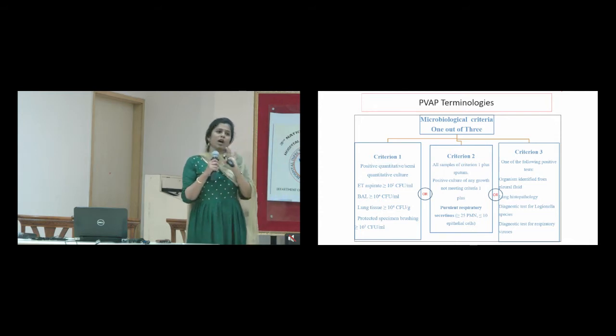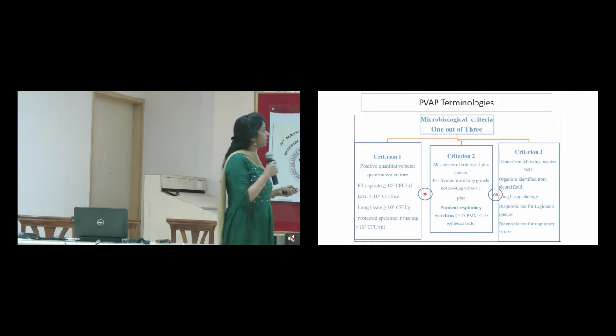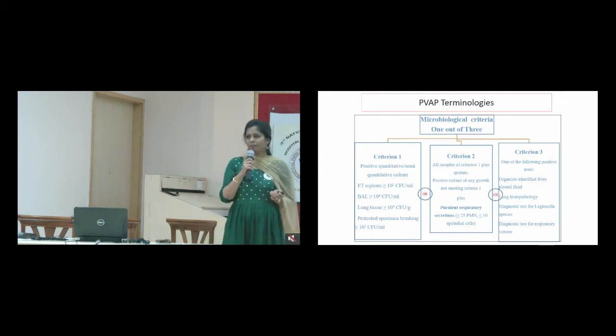Suppose you have a lab, or some peripheral lab, which is not doing quantitative or semi-quantitative culture, there is an option. You should have a gram stain finding supporting the qualitative report. All samples of criteria 1, that is ET aspirate, BAL, lung tissue, PSB, plus sputum, has a positive culture growth not meeting this criteria and has a purulent secretion with more than or equal to 25 PMNs and less than or equal to 10 epithelial cells.